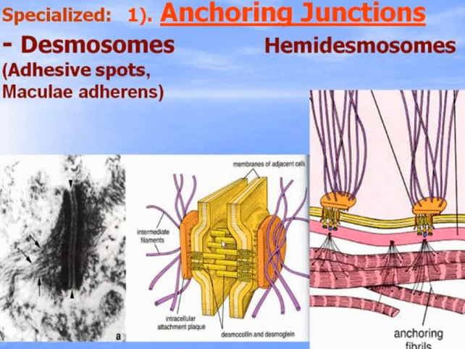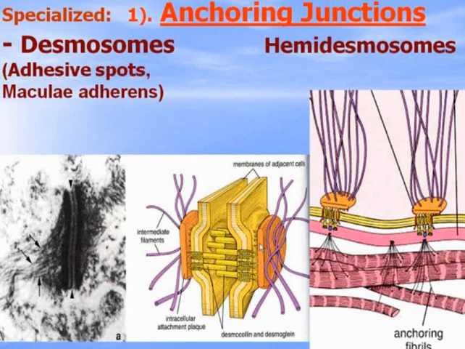Transmembrane proteins of two cells are connected strongly, and they are connected by the macula densa, which connects the intermediate filaments of the cytoskeleton. The junction is very strong.